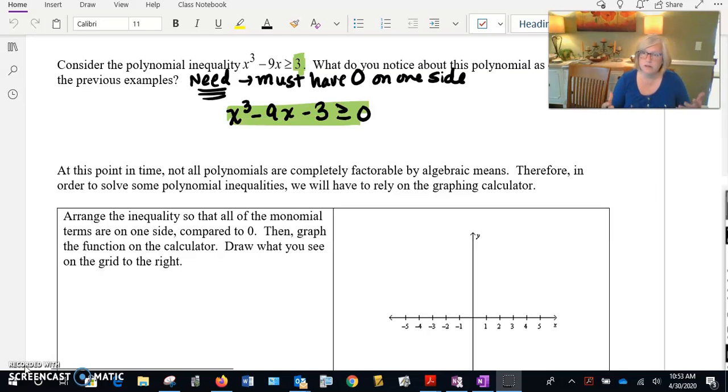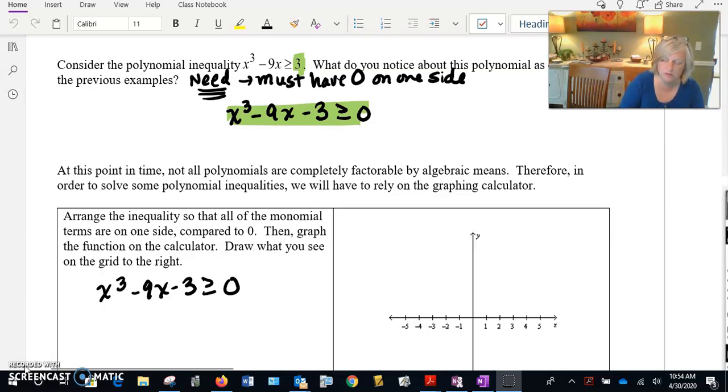Now, unfortunately, not every polynomial is factorable. It's not going to have the techniques that we used in the last section that you're going to be able to do. So when we're taking a look at this and we can't factor it, at some point we may need to use our calculator. So we're going to take this polynomial, x cubed minus 9x minus 3 greater than or equal to 0, and use the calculator to help us determine what we're going to have.